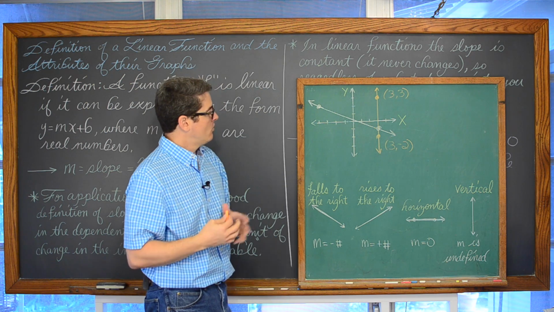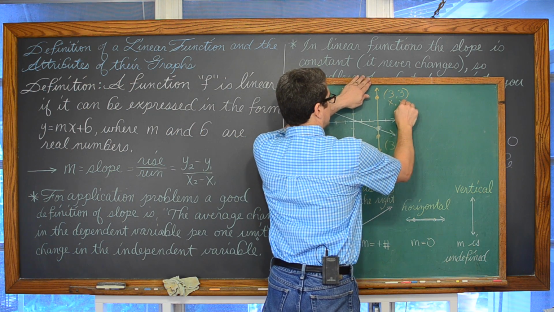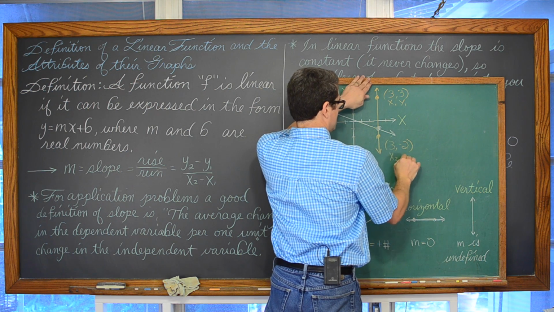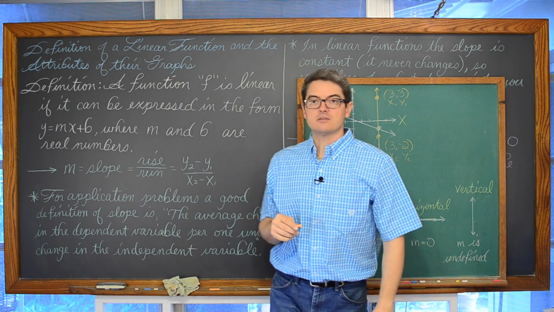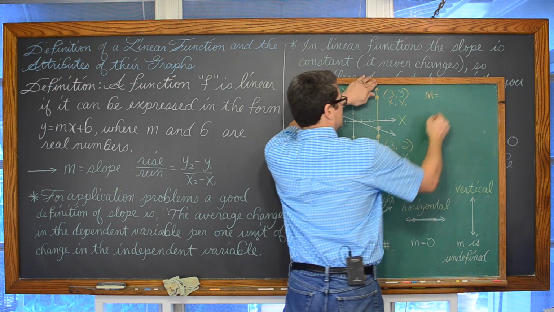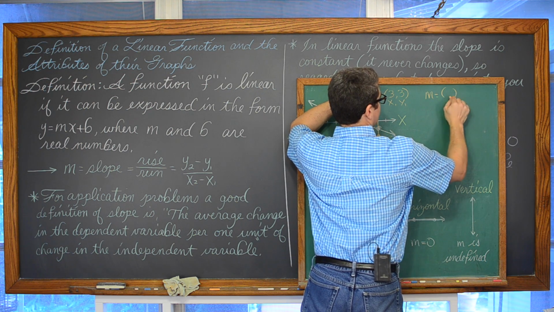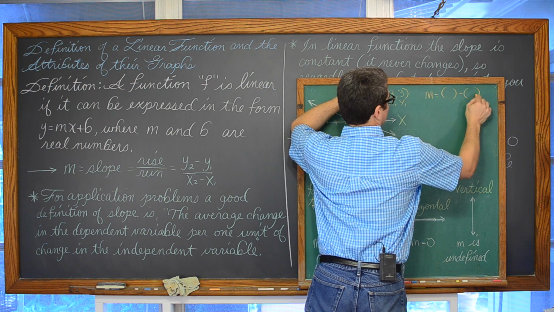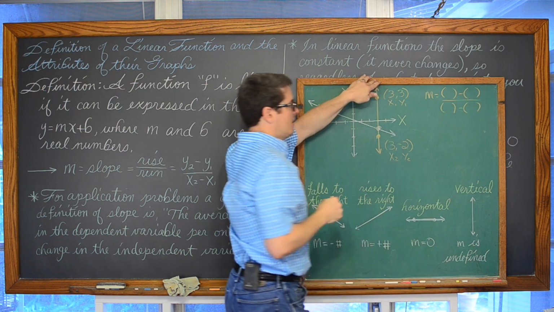Now that I have these 2 points labeled, let's just call this point 1 and point 2. It doesn't matter how you label them. Run through this formula for finding slope. Slope is y sub 2 minus y sub 1 over x sub 2 minus x sub 1.